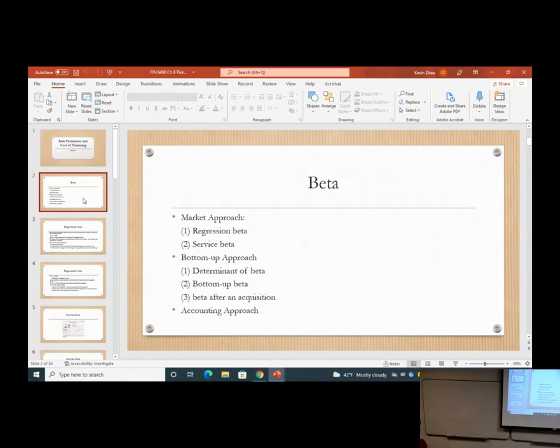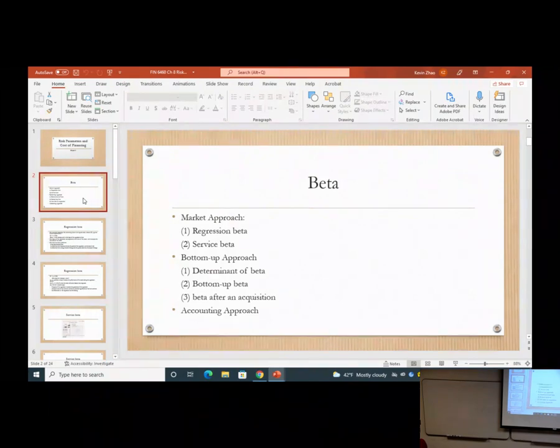Over time, people find that beta has a mean reversion feature. Mean reversion means when beta is higher than 1, it has a tendency in the long term to move down towards 1. If beta is lower than 1, then over a long time period, it has a tendency to move towards 1 as well. It's called the mean reversion feature.